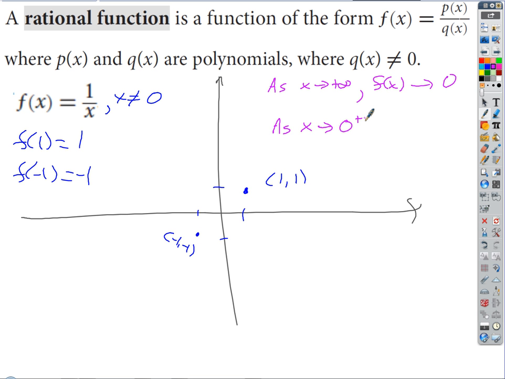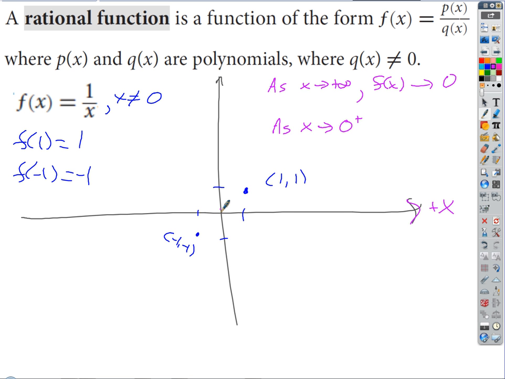We'd say as x approaches 0 from the positive direction, right? Because this is the x-axis, this is the positive x-axis, and that's the negative x-axis in that direction, okay? So we're backing down towards 0 from the right side, going from 1 to 1/2 to 1/4 to 1/10 to 1/1000, etc.